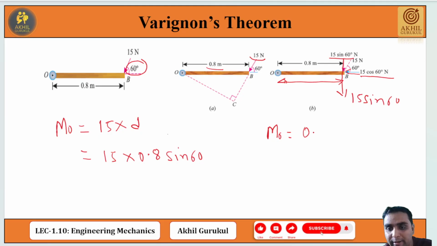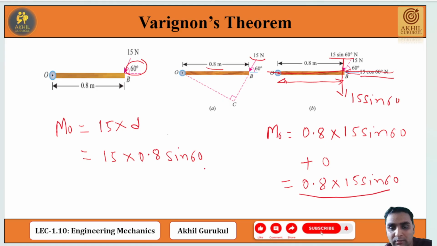So 0.8 into the vertical component of 50 Newton, plus the moment of the horizontal component. The line of action of the horizontal component passes through the point O, so the moment of this component is 0. So the net moment is 0.8 into 50 sin 60.